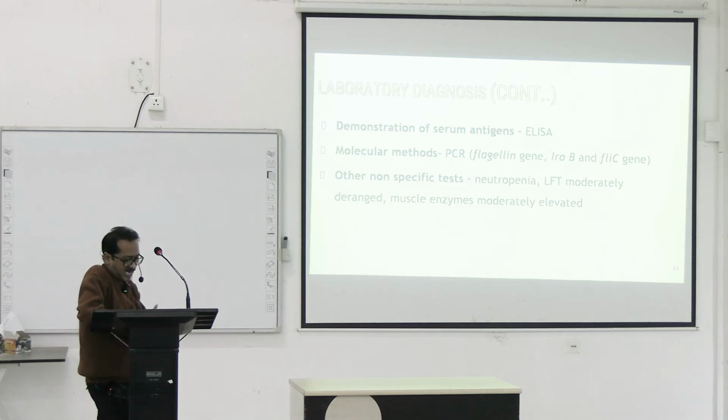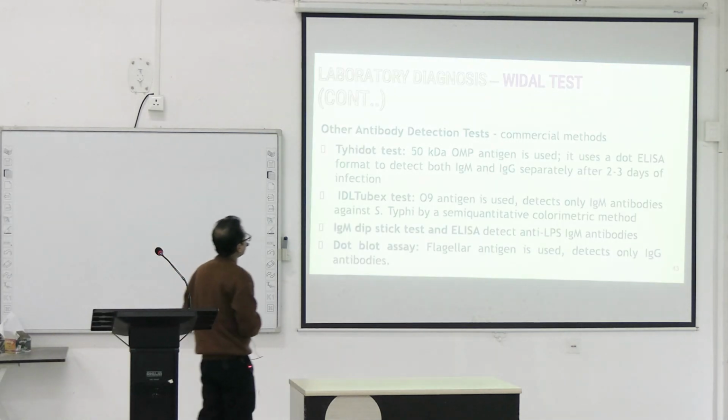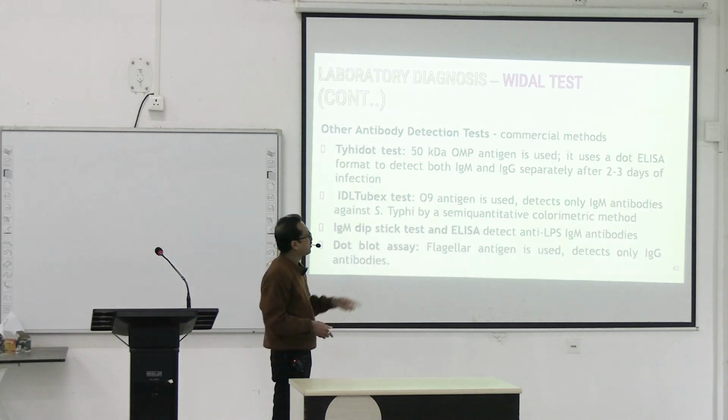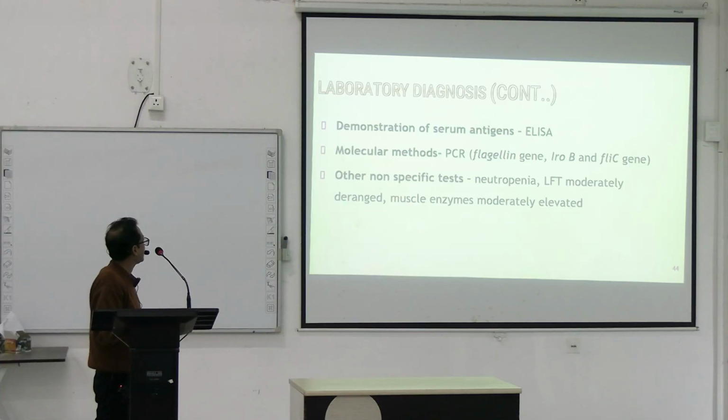Now Typhidot test. This is detecting of IgM. It uses the ELISA format or a kit test, lateral chromatography, to detect the IgM. And other molecular methods, PCR. Usually not required, but you can do a PCR to detect the Salmonella.